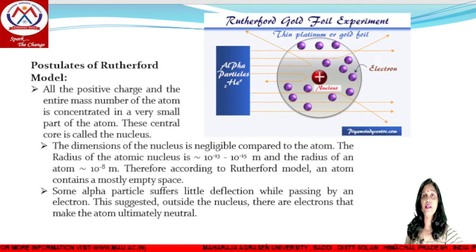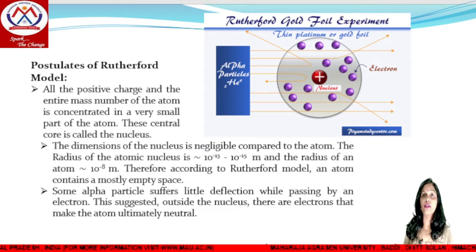Now Rutherford gave this experimental evidence: when gold foil was taken as a sheet and alpha particles were about to strike it, it was seen that most of the alpha particles went straight through the gold foil, very few particles were deflected by large angles, and very few particles were deflected by small angles.